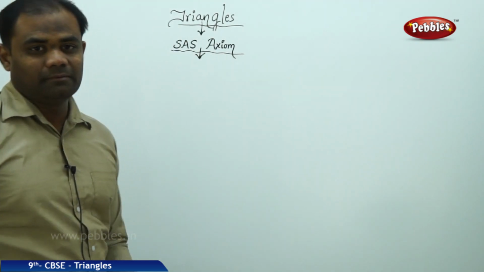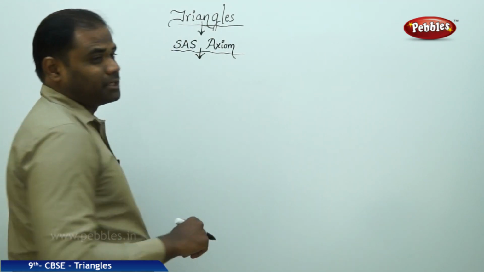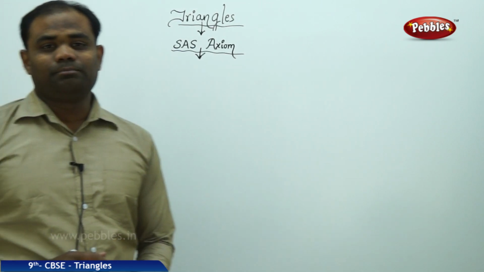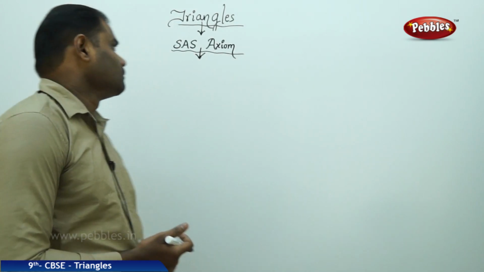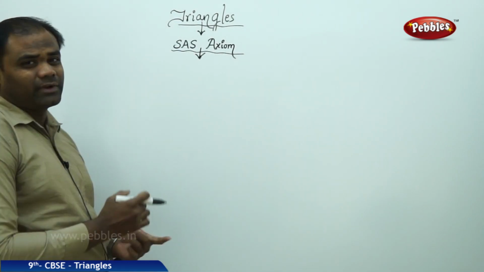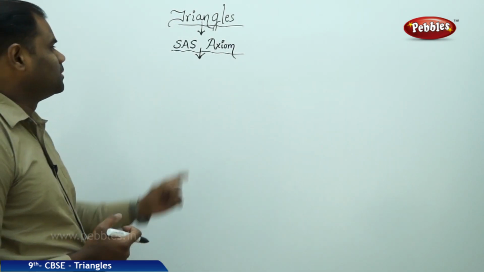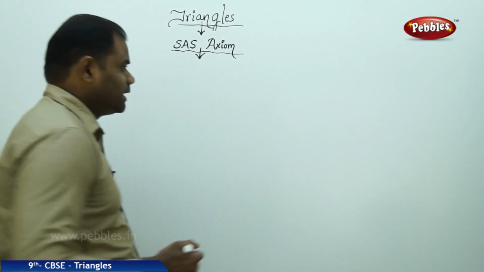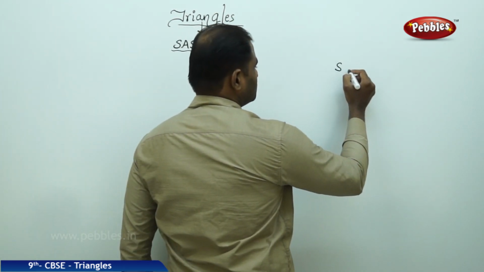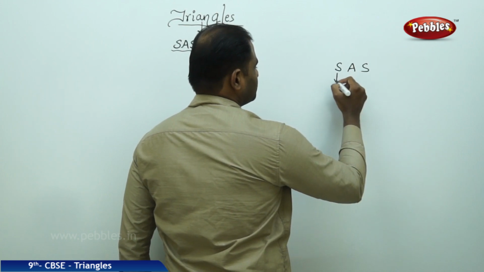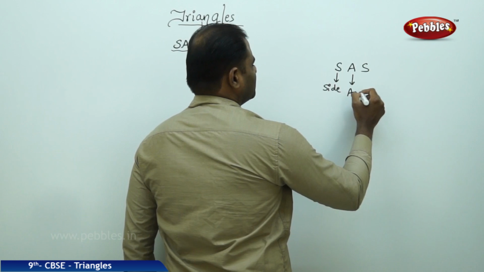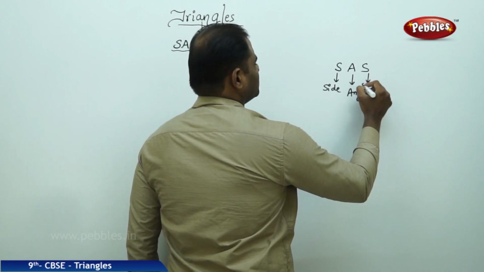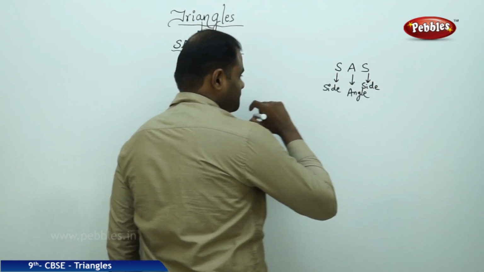Let's see in brief. Imagine I take two triangles and prove the congruency through the SAS axiom. Before we consider the SAS axiom, let me make a note that SAS refers to side, angle, and side.